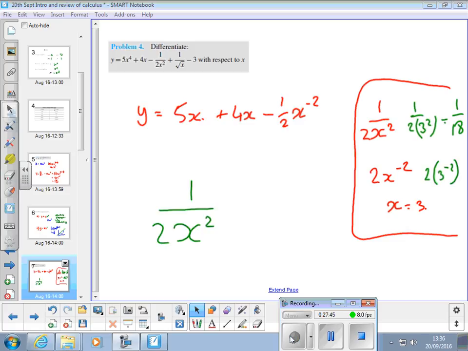What you did was effectively take the reciprocal and change the sign to negative, but you're only going to move the x by changing the sign of the index. Okay? So just be careful, because that's a common mistake.